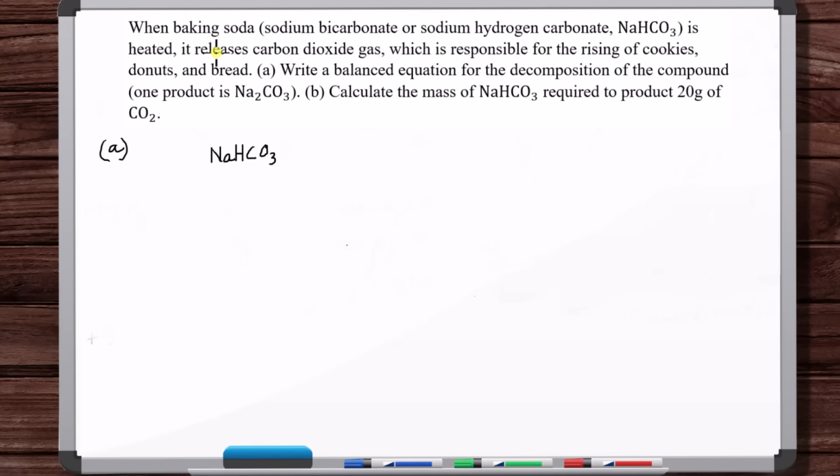It's not saying when baking soda is reacted with this, it's just heated. So it's just NaHCO3 is heated. So maybe you could almost put heat, something like that. It releases carbon dioxide gas. So it releases CO2, and also another product is Na2CO3.